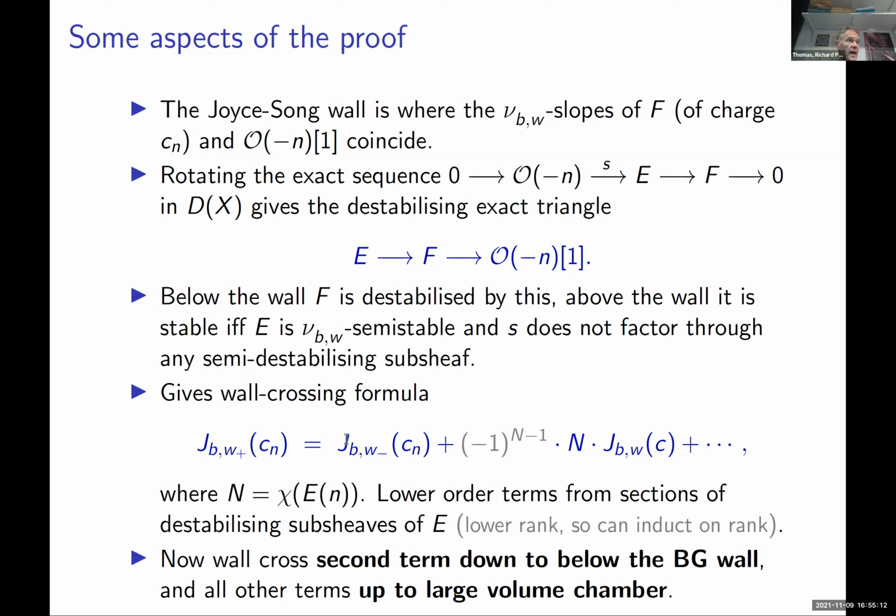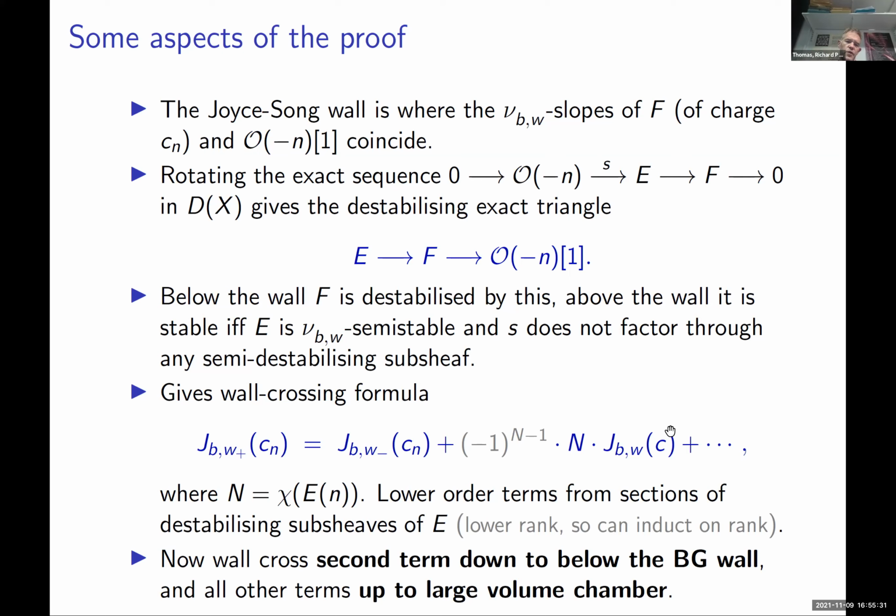And we see, as we do that, what changes occur, what corrections we get to this formula, and we try to control those corrections and show that they're all of lower order terms in some sense. So that's the game. So how do we do that? What control do we get?